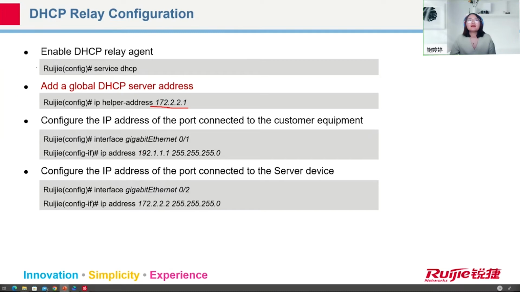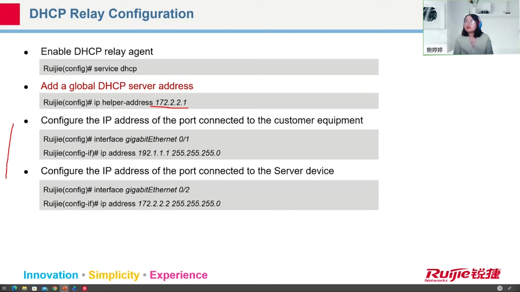And then you can configure the normal IP address, one interface to connect with the client side, and another interface to connect with the server side. Of course, for these two configurations, even if this device is not the DHCP relay, you also have to add this configuration. But the special one is the second one. You have to let the device know who your DHCP server is.